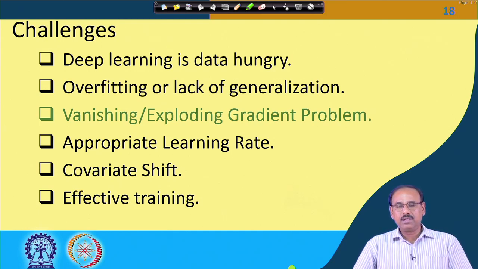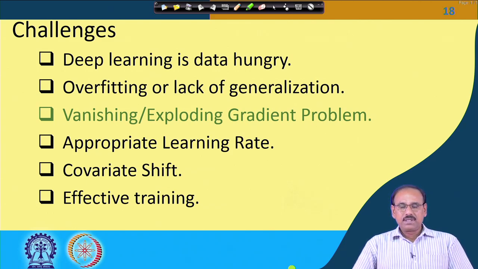Similarly, another approach to tackle this overfitting is having a noisy autoencoder, where you add noise to the training data, so that the autoencoder tries to understand the inherent structure or salient features which are present in the training data, and using that it tries to recognize the image or understand the image.